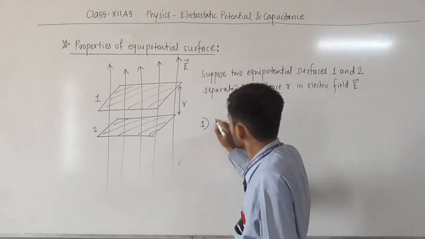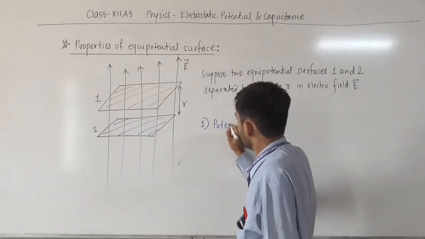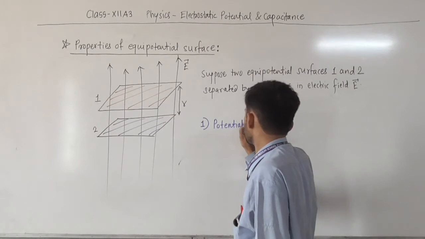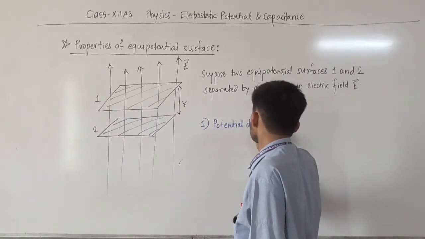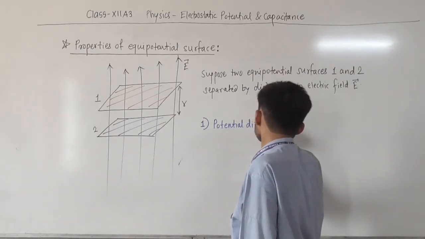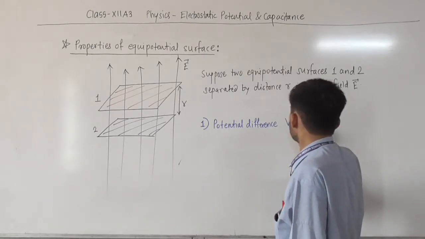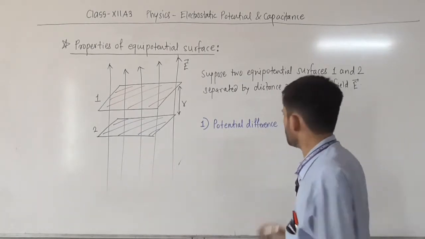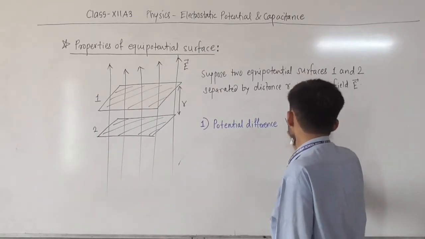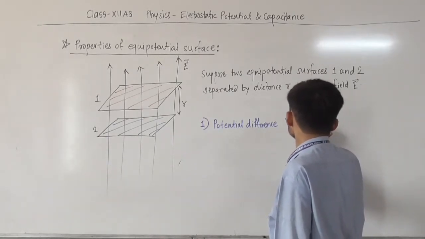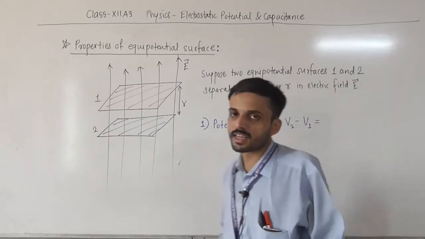Then number 1, potential difference between them. Potential difference, how much it will be? V1 minus V2 or V2 minus V1. V2 minus V1. How we can calculate?